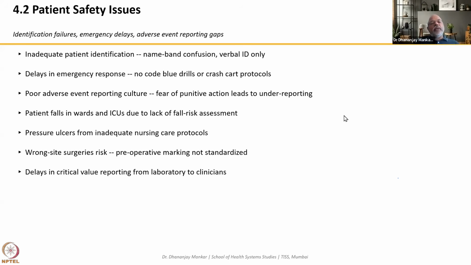We were discussing the different patient safety issues this hospital is dealing with: identification failures, emergency delays, and adverse event reporting gaps.